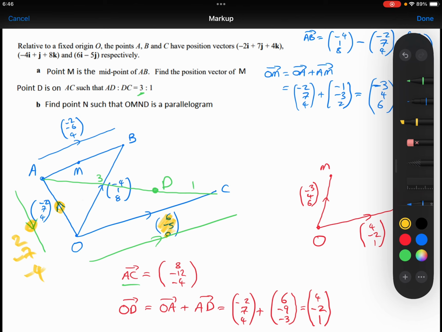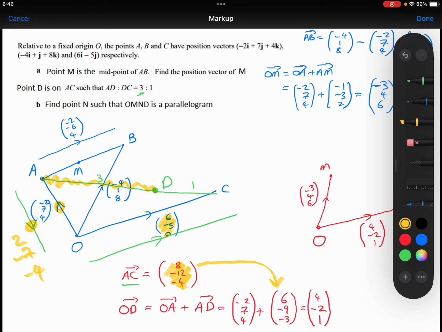Adding that together with the O to C gives me this A to C vector. And like I just said, A to D is 3/4 of that. So 3/4 of the A to C is (6, -9, -3).